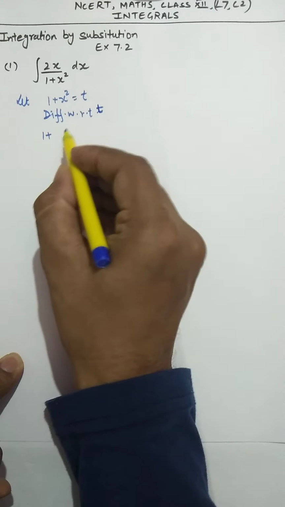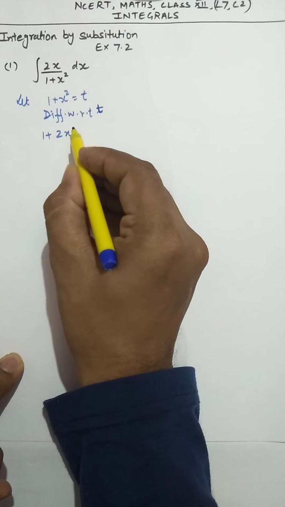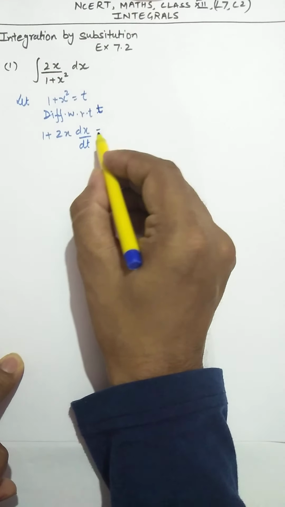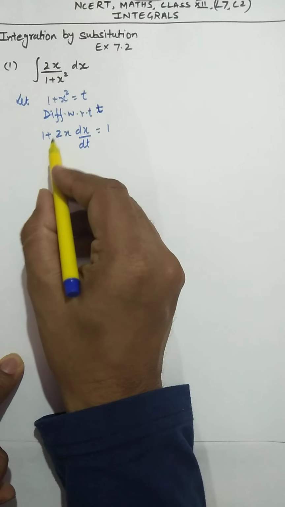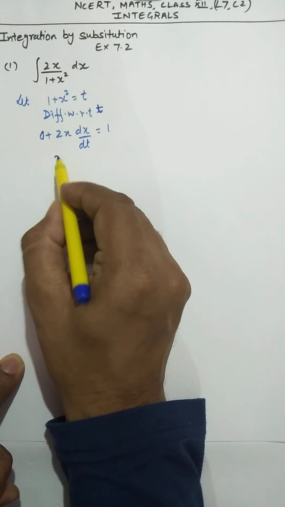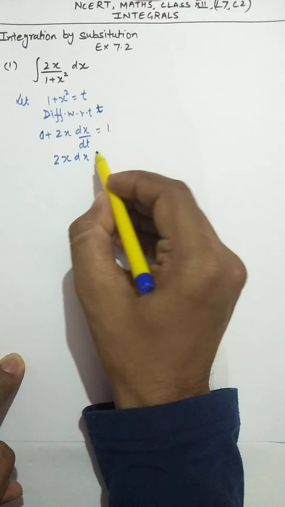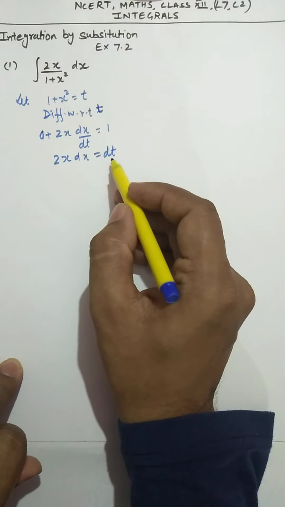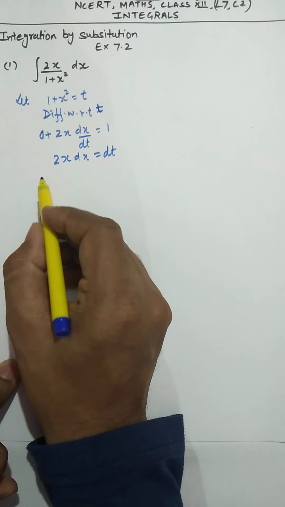So this will be 1 upon, this is 2x, this is dx upon dt, and this is going to be 1. The differentiation of 1 will be 0. So you can write this as 2x dx upon dt, you cross multiply, so you are going to get 2x dx equal to dt. So substitution will be done accordingly.